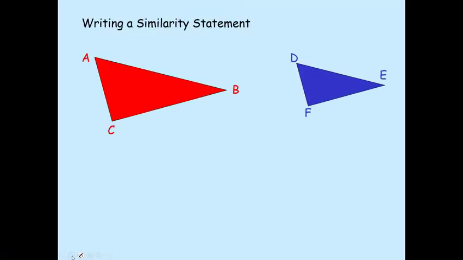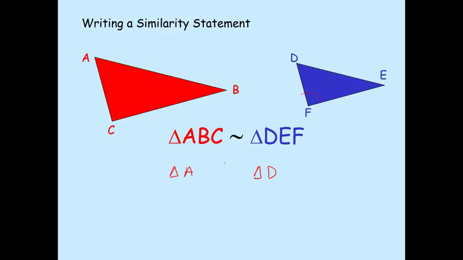Okay, how do you write a similarity statement? I kind of talked about that earlier a little bit. So if you have angle A, what does angle A match up with? D. So we're doing triangles. So it'll be A. What matches up with A over here? D. C. What matches up with C?